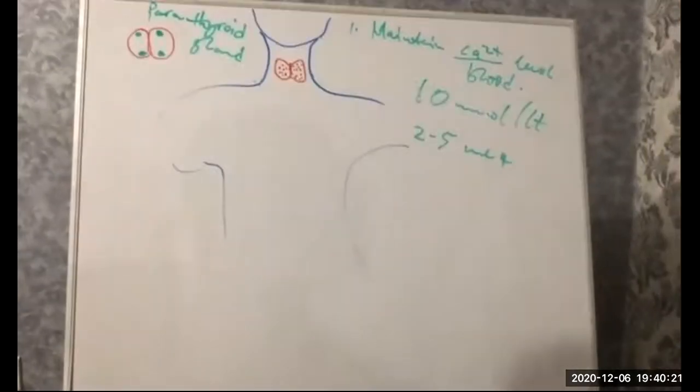No, I think 2.5 milliequivalent. Okay, thank you. Milliequivalent. Now, why should calcium be kept at this level? Because calcium has a lot of functions in the body. It helps in clotting. It helps in muscle contraction. It helps in conduction of impulses. It helps in so many things. It helps prevent overexcitation of neural cells.